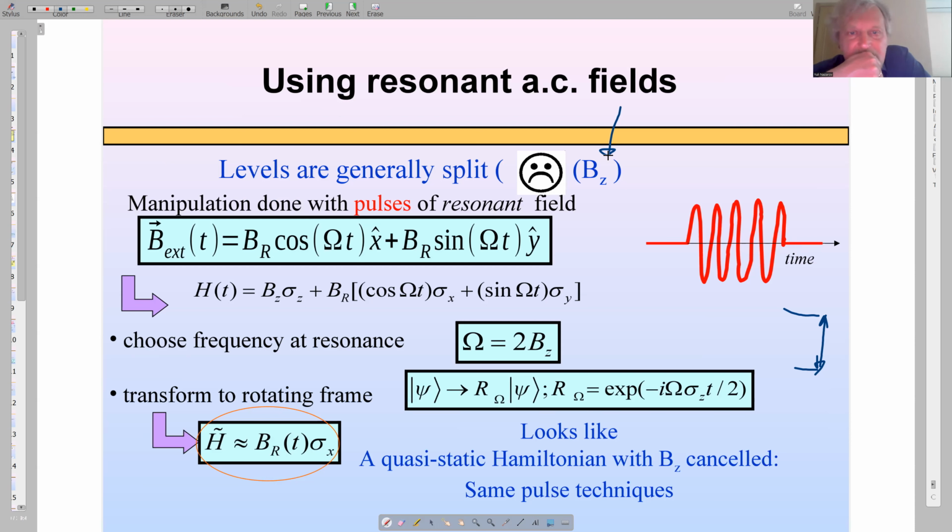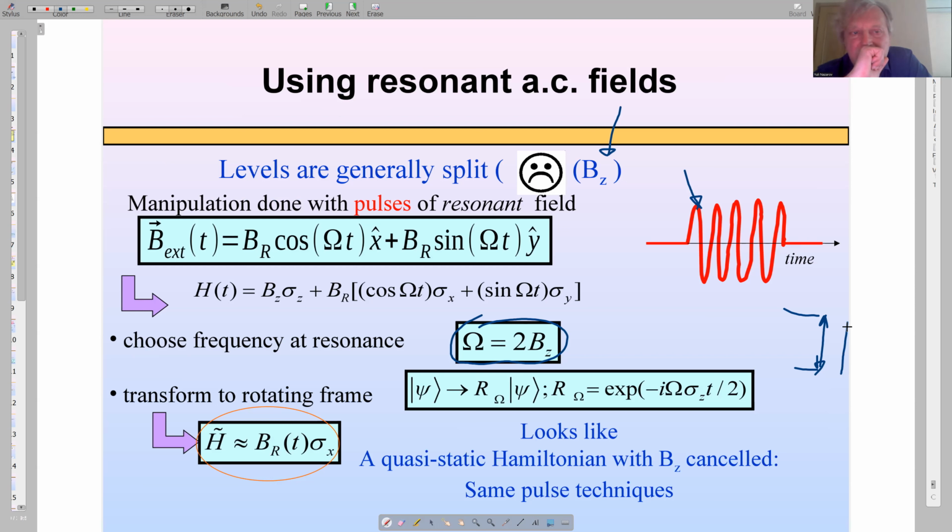The idea is to still implement pulses, but they won't be pulses of static field. Rather, there will be pulses of the field which oscillates at a specific frequency, matching the separation between the levels in the qubit.